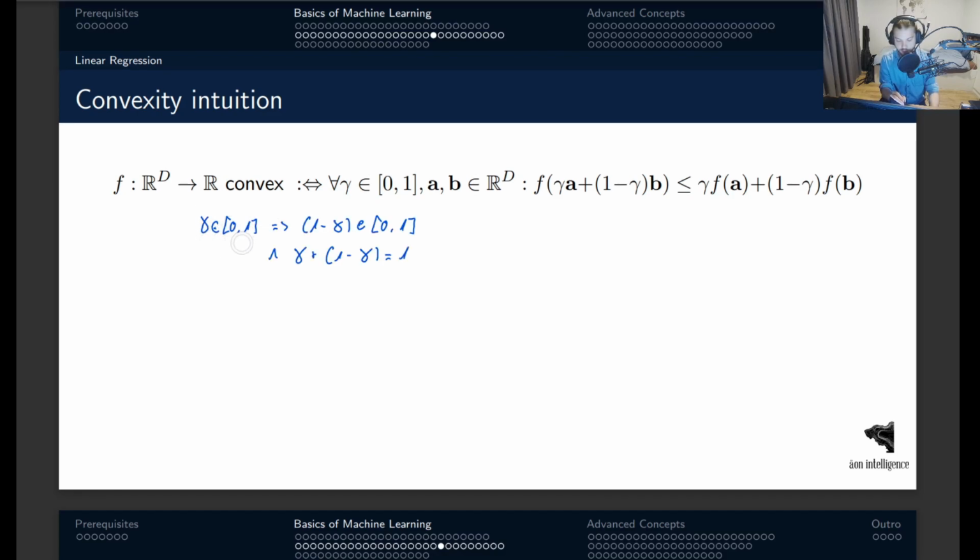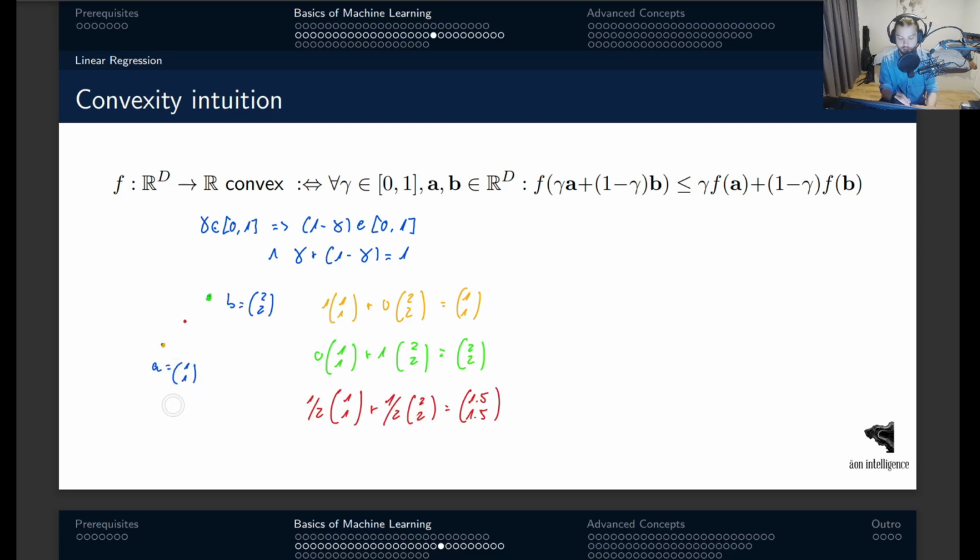So first let's observe that the fact that gamma lives in the unit interval implies that 1 minus gamma also lives in the unit interval. And they form a complement, gamma and 1 minus gamma, meaning that gamma plus 1 minus gamma will be 1. So why is this useful? Let's consider 2 points. So point A, which for this example is just 1, 1, and point B, which is 2, 2. Now let's consider linear combinations of these 2 points, where the scalars in front of the vectors add up to 1.